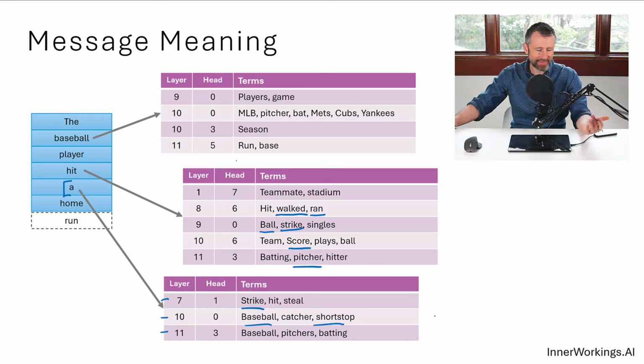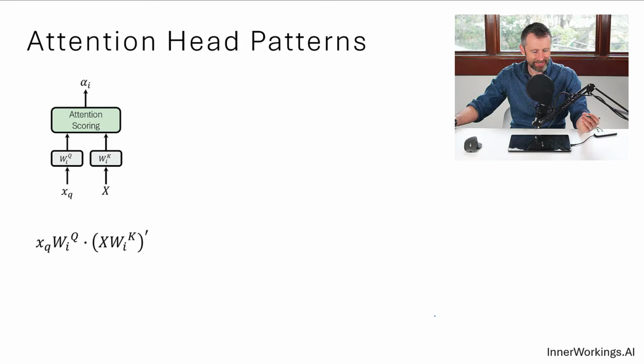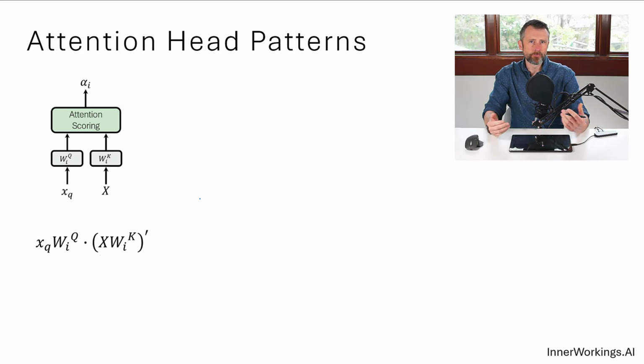And then let's look at the patterns on the other side, the query key side of things, because we can do some similar things there. Given that we can merge the value and output matrices into a larger one, I think it's natural to wonder, can we do the same thing with the queries and keys? And yes, we can.